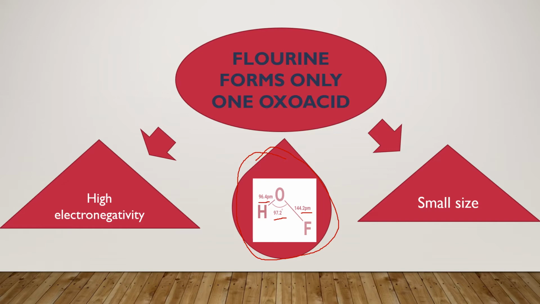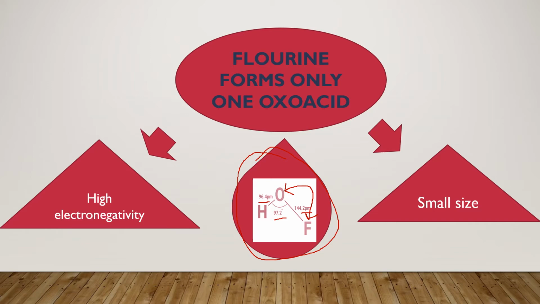Bond length of OF is longer as compared to that of OH because of repulsion between lone pairs present on oxygen and fluorine. Both oxygen and fluorine contain lone pairs. There is repulsion between those lone pairs. Because of that, the bond length increases. That's why OF has longer bond length as compared to OH.